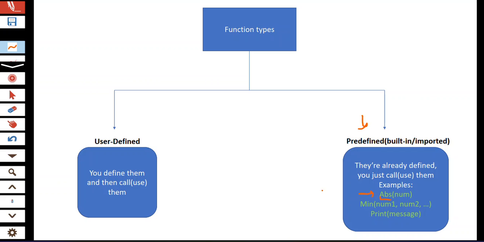So you would say absolute, for example, -2, and the function call will be automatically replaced by the value 2, which is the absolute value of -2. The same way we can call a function called min and pass the values 2, 3, and 0. Python will replace this function call with the value of 0, which is the minimum.